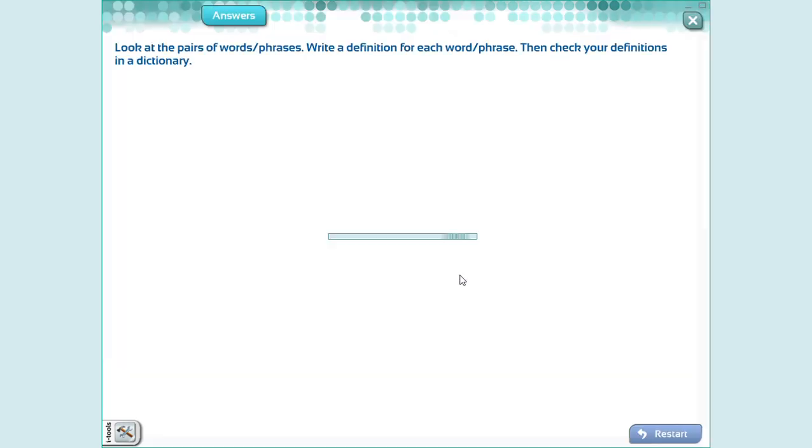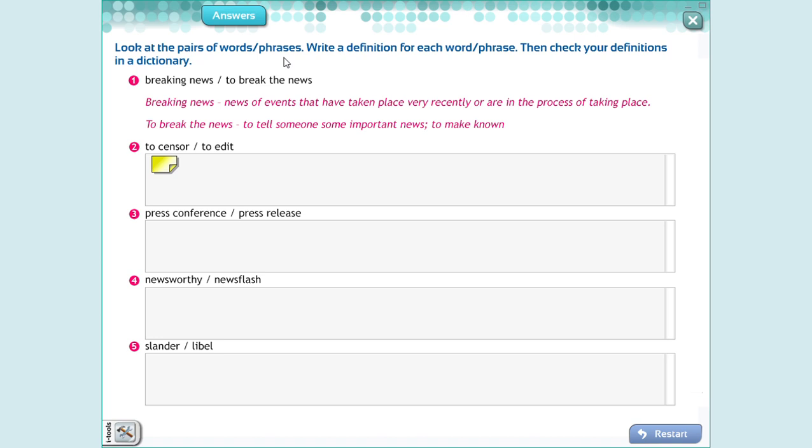And we're going to do this last one. It says, look at the pairs of word phrases. Write a definition for each word phrase, then check your definitions in the dictionary. But no, you're not going to do this. What you're going to do directly is this. You're going to search the meaning, not really in a dictionary, or some of them in a dictionary, but you can also use Google search.